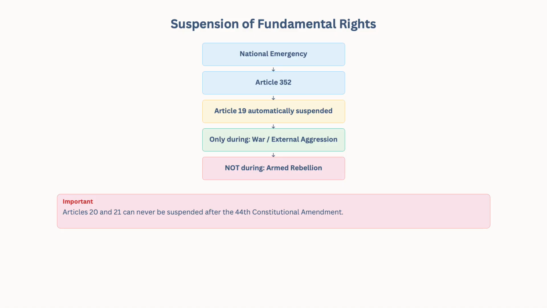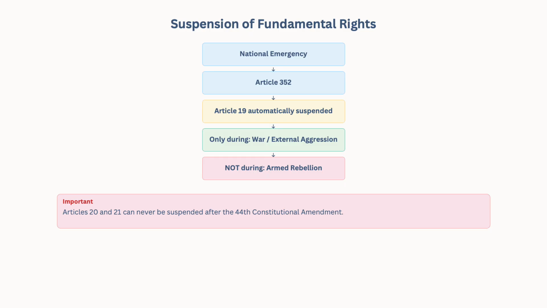Suspension of fundamental rights. When can your fundamental rights be taken away? Under what circumstance? This particular slide discusses when your fundamental rights can be taken away. At times of national emergency, for example, if China attacked and we are at war with China, and the Indian government has declared a nationwide emergency, which is invoked by Article 352, we will learn about that later.